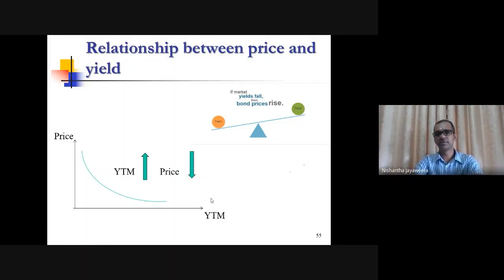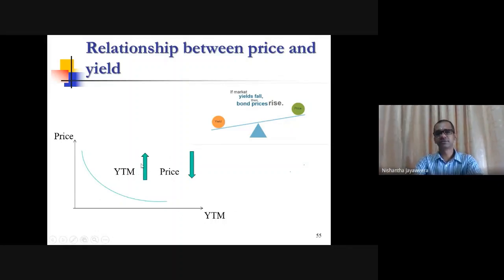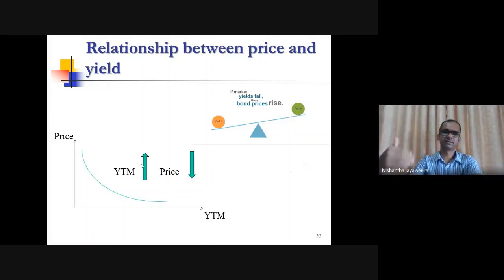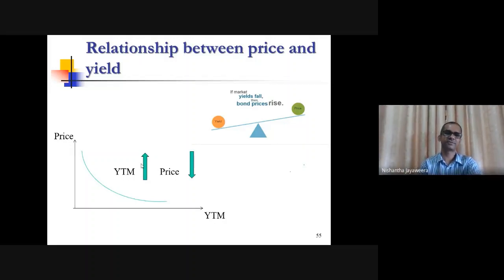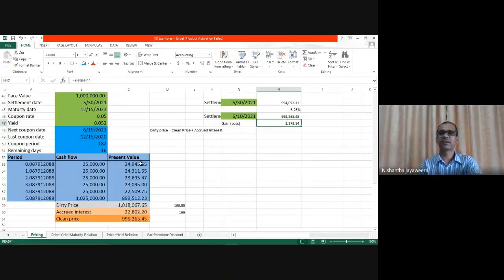But for a longer time period, this may not have the same impact, because the time factor moves the price the other way around. Remember, I said the time factor moves the price the other way around. Why is that? I'll come to that.